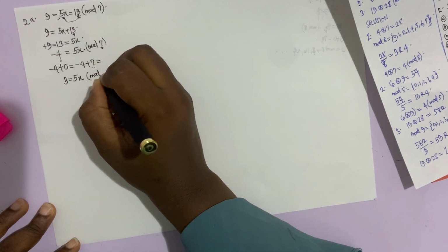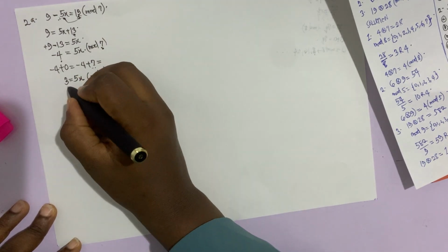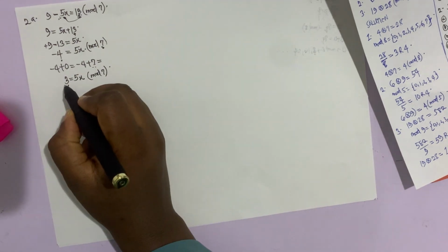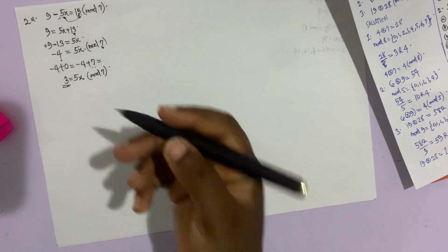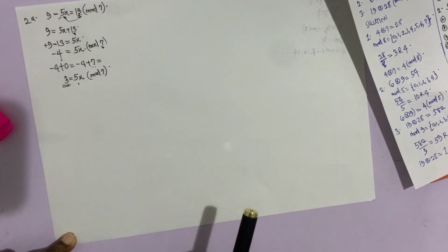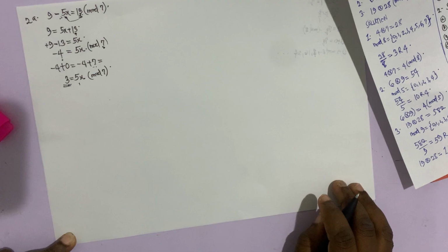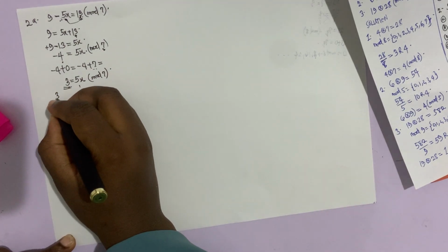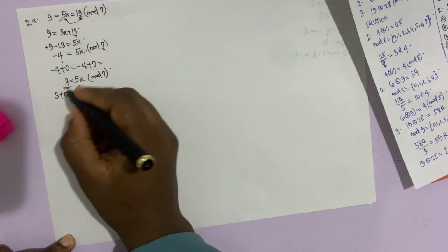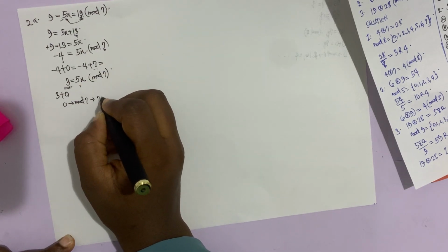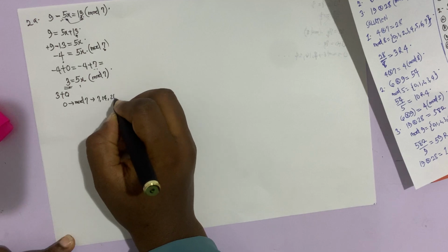Remember, we are still working in modulo 7. Now, for us to get what x will be, we have to change this 3 to a multiple of 5, such that when divided by 5, we get a value without remainder. So we assume that we're adding 0 to it, and 0 in modulo 7 is a multiple of 7. It could be 7, it could be 14, it could be 21, and on.